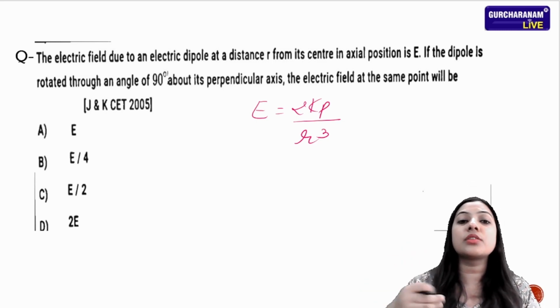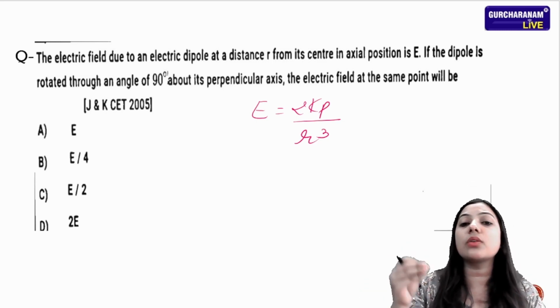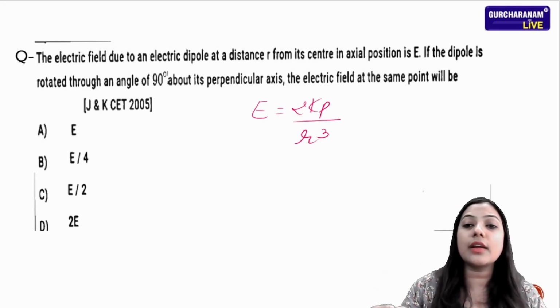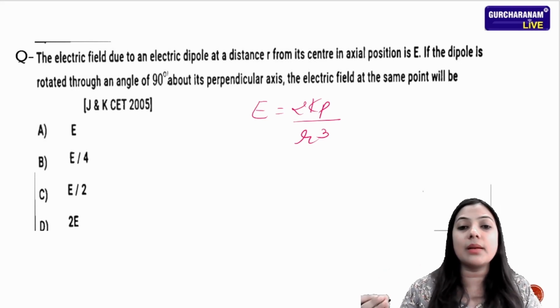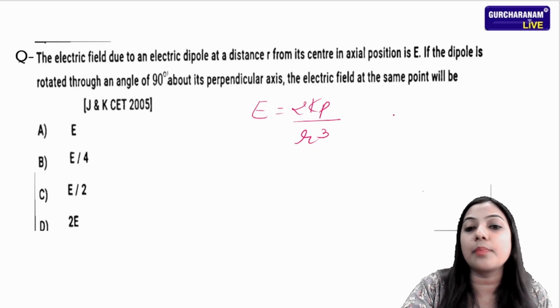If the dipole is rotated through an angle of 90 degrees about its perpendicular axis, the electric field at the same point will be what?